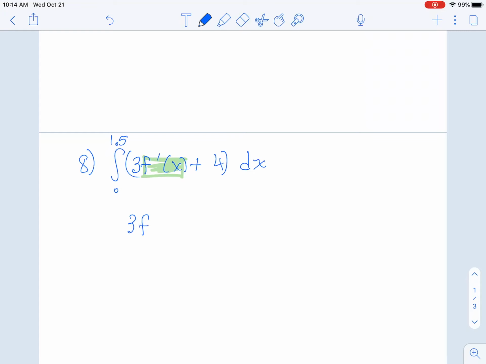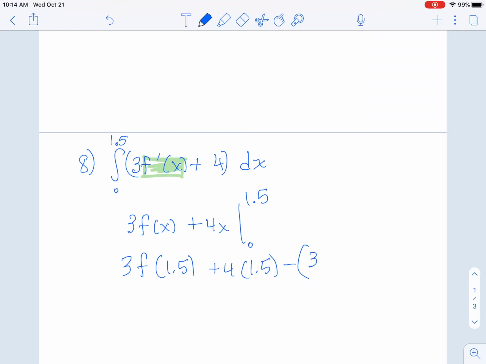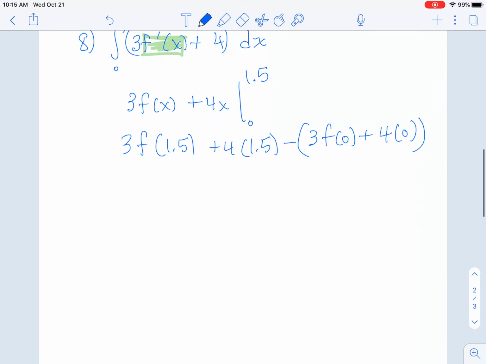So that should be 3f of x plus 4x evaluated from 0 to 1.5. So you're going to plug in 3 times f of 1.5 plus 4 times 1.5, minus parentheses 3 times f of 0 plus 4 times 0, which I know you know. Some people did not get that. That was 2 points, getting the antiderivative and then the answer.